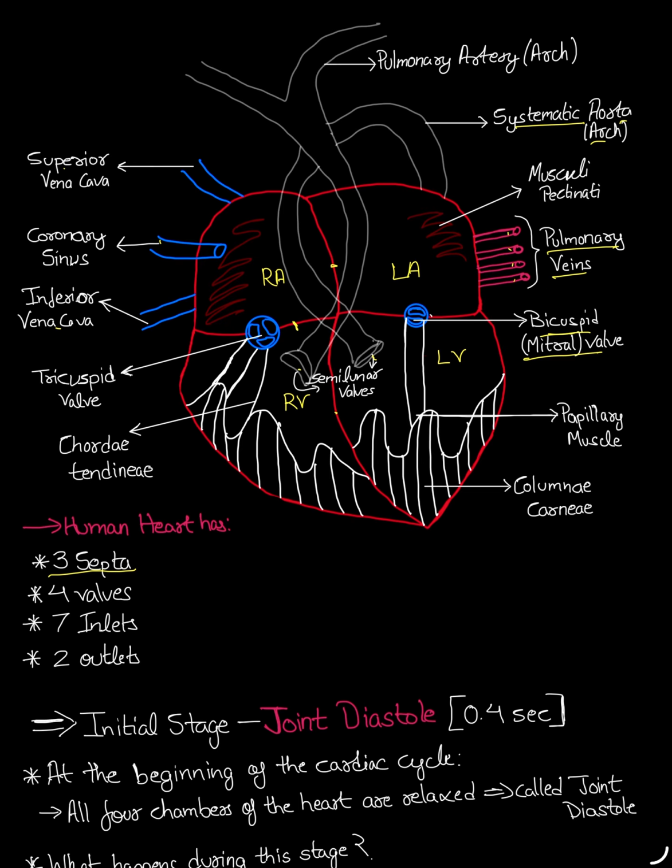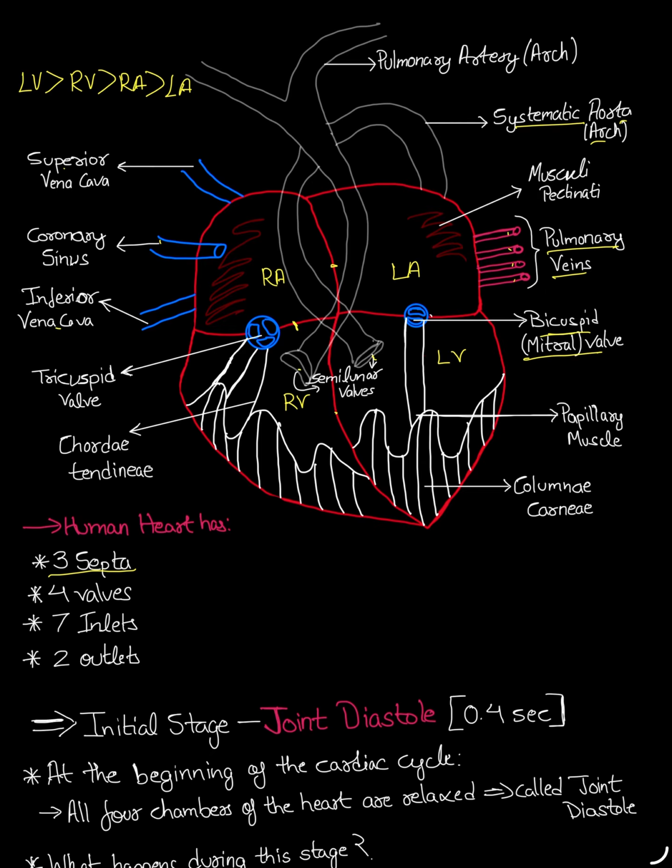Sometimes a major question asks what is the size of these chambers of the heart. The heart size is like this: left ventricle biggest, then right ventricle, then right atrium, then left atrium. Like you can say anti-clockwise, from here to here.